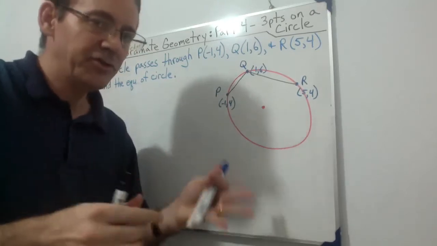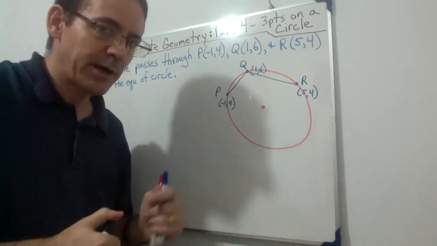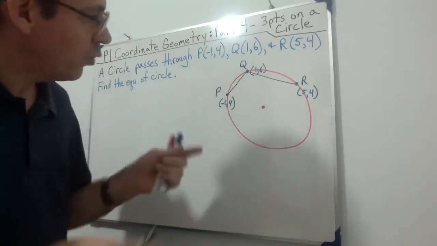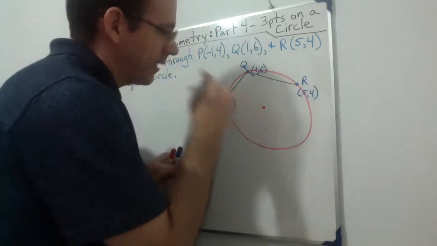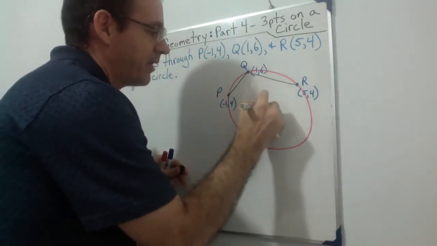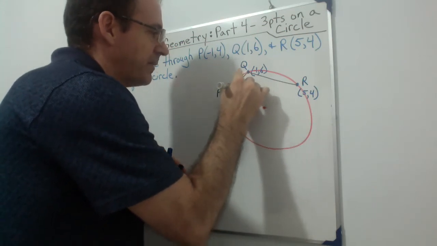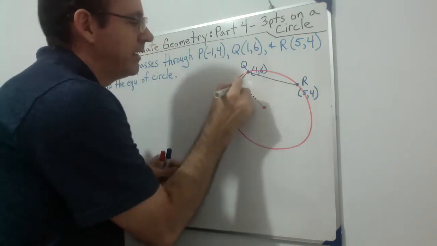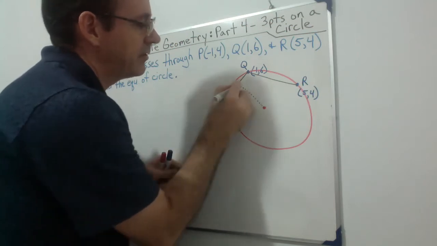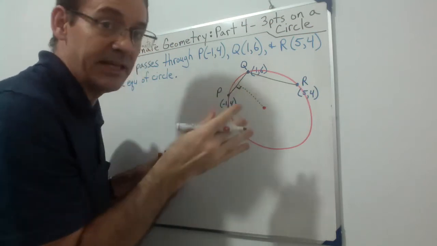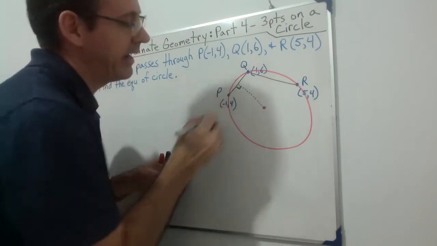Now, using the geometric properties of circles, when you draw a line from the center to the middle of your chord, it makes a perpendicular. It meets at a 90-degree angle.